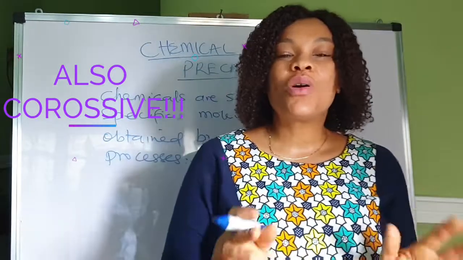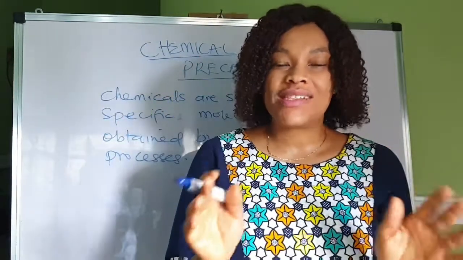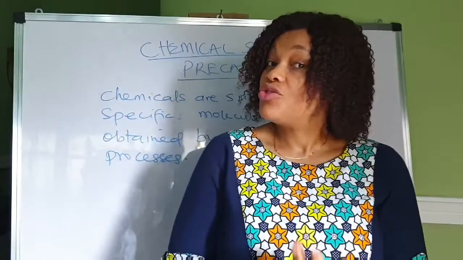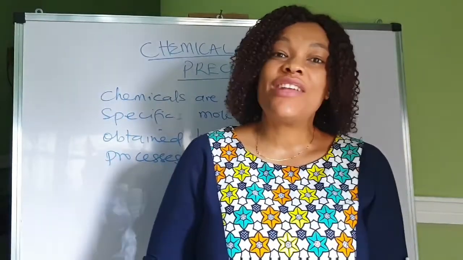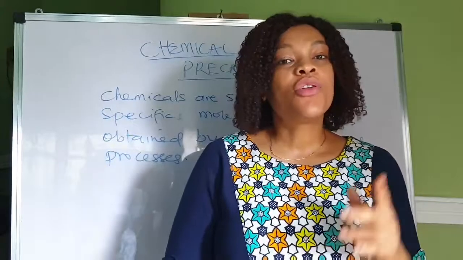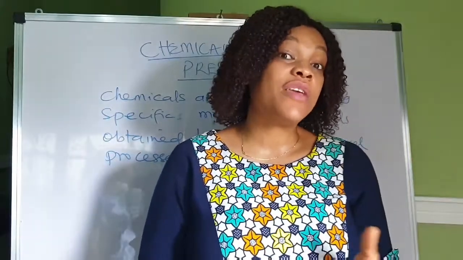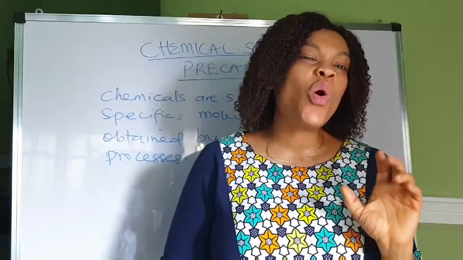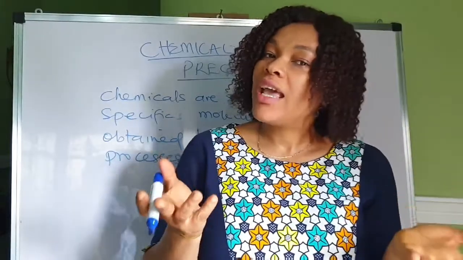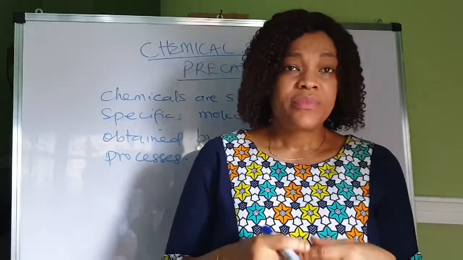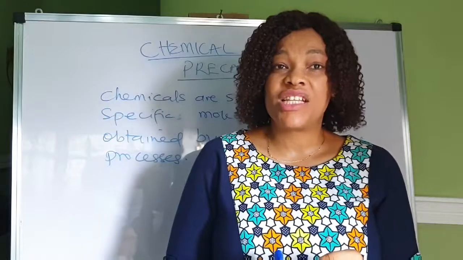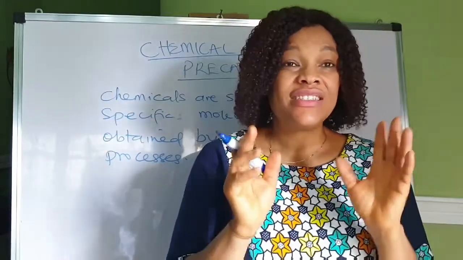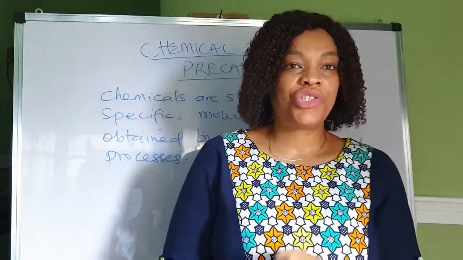One is you have to follow all established procedures and perform job duties as you have been trained. If you are a student and you have your teacher with you, please follow all instructions that the teacher will be giving you in the laboratory. Again, you have to read all labels on the containers and material safety data sheets before using any material, and make sure you understand the hazards and the precautions.